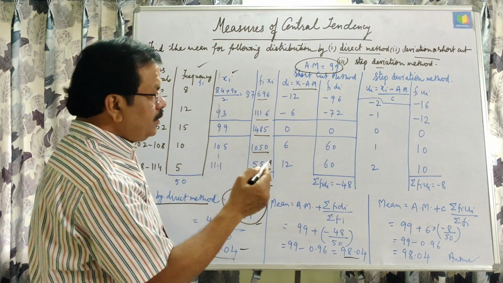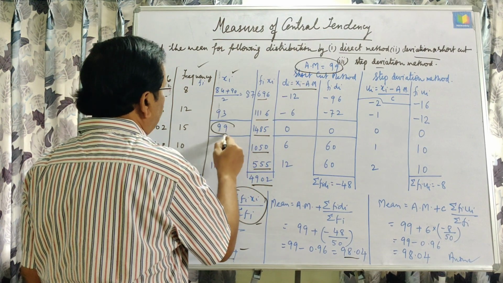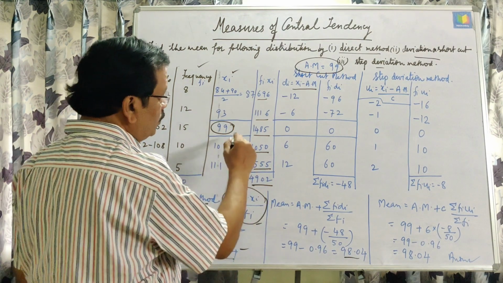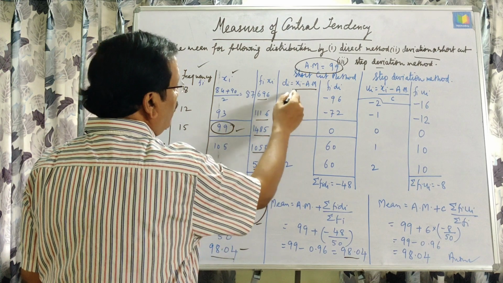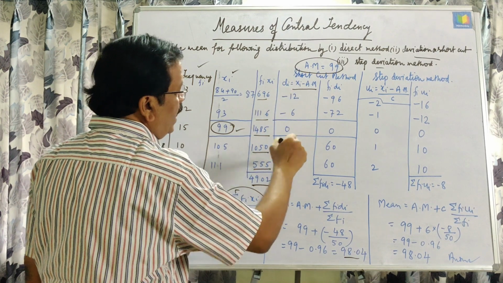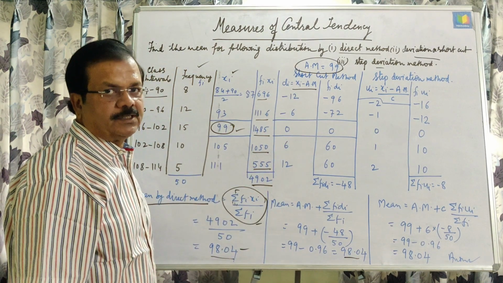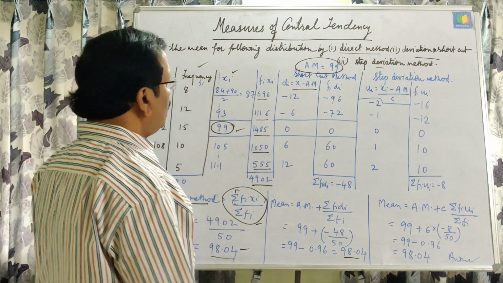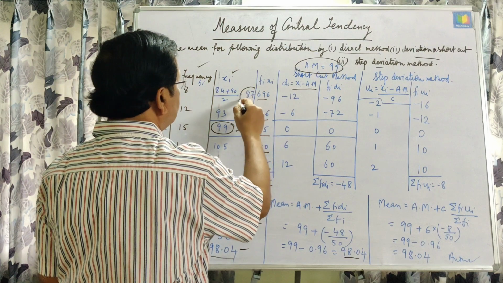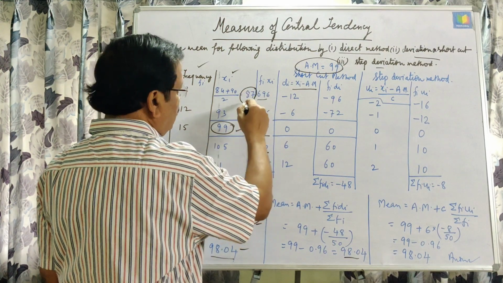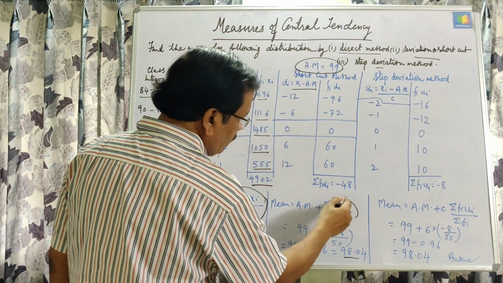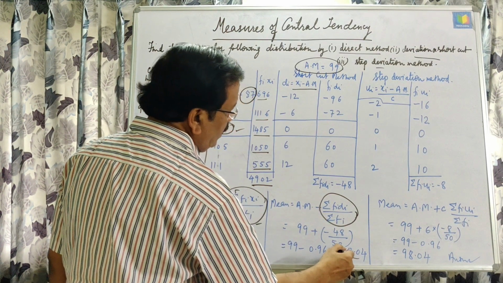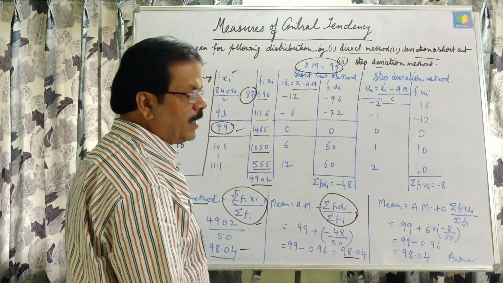But it is customary to take the middle one as the assumed mean, because once you take the middle one, half of the terms will cancel with the other half, and the calculation will be easy. But if you want to take 87 as the assumed mean, then your value of this term will accordingly be around 11.04 plus.